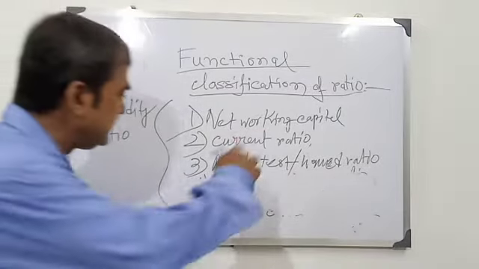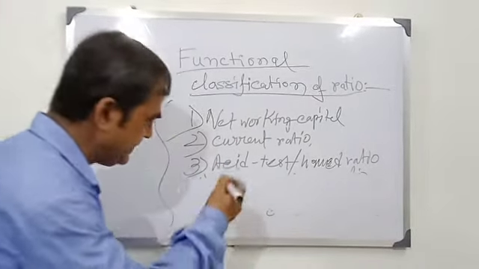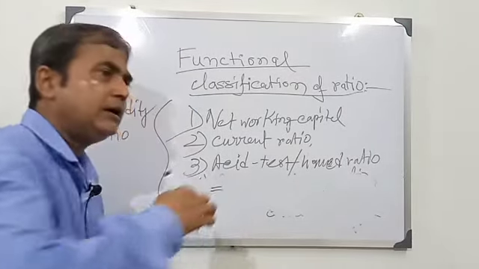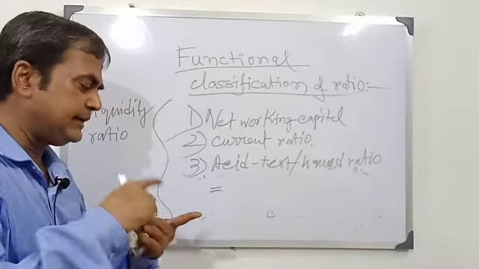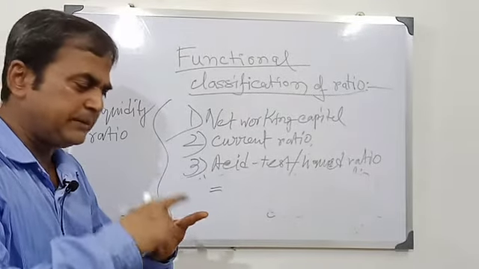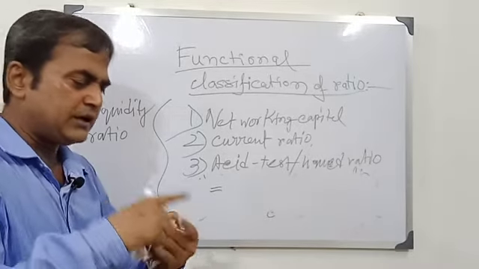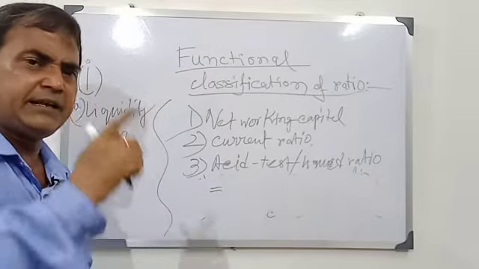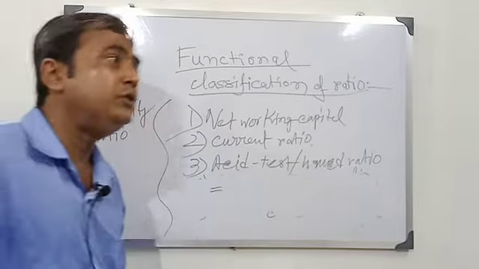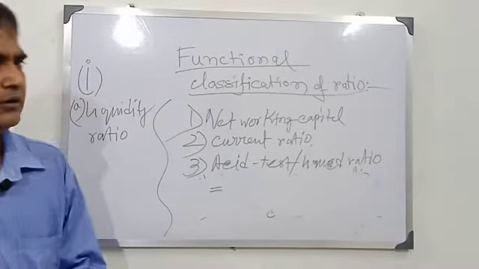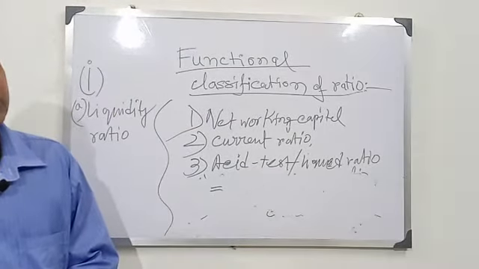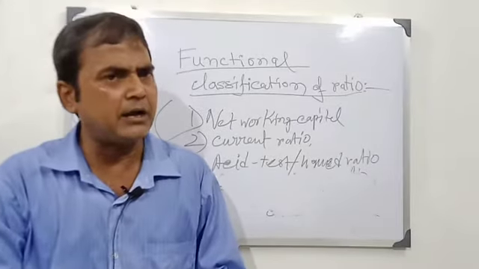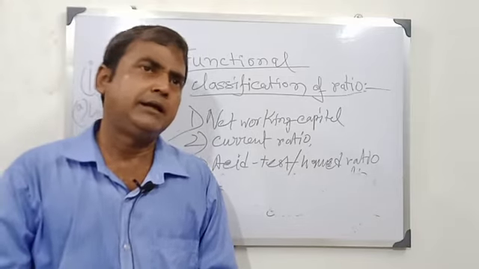Acid test, or the liquid ratio, means that out of all current assets like stock, debtor, prepaid expenditure, accrued income, cash in hand, cash at bank, bill receivable, short term investment, we look into and find that the closing stock may not be ready to be converted into ready cash.